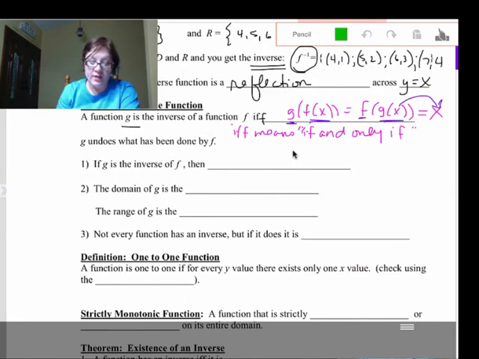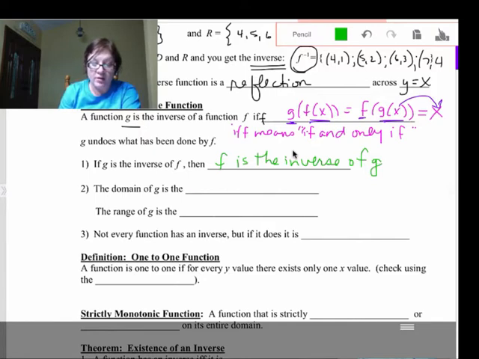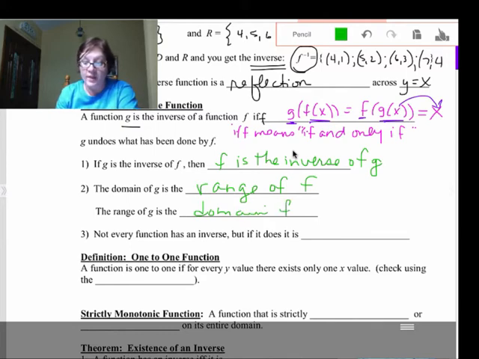And if g is the inverse of f, then f is the inverse of g. And the domain of g is the range of f, and the range of g is the domain of f. And so as you can see up above, their domains and ranges, if I went back and listed them.